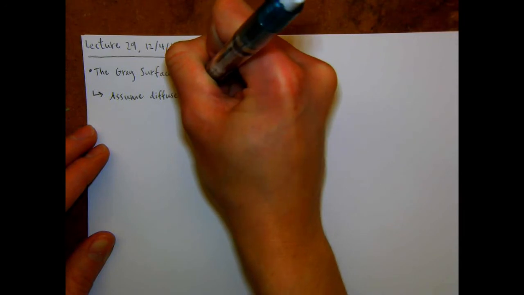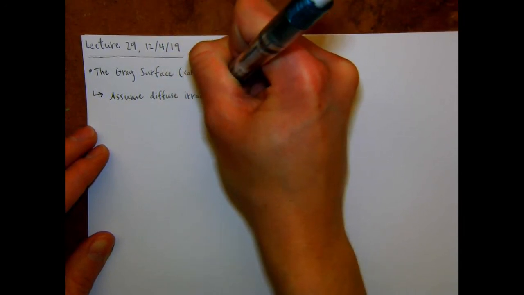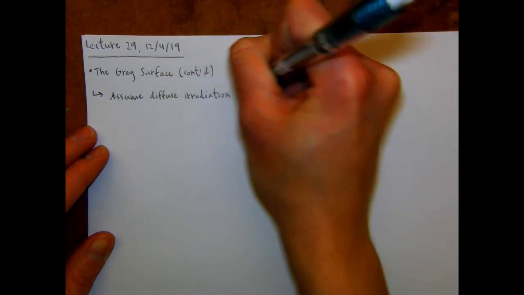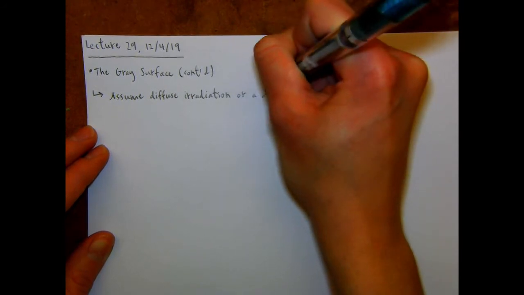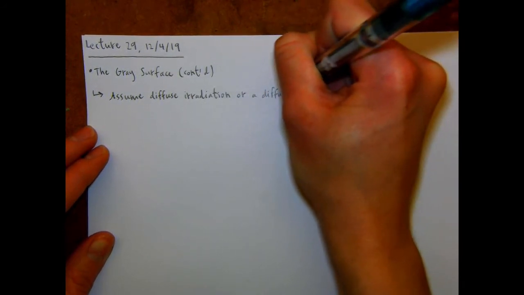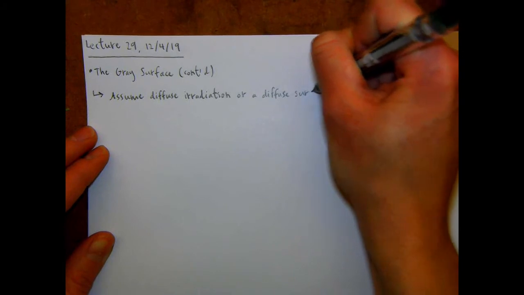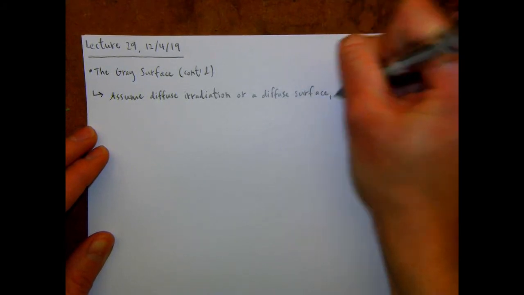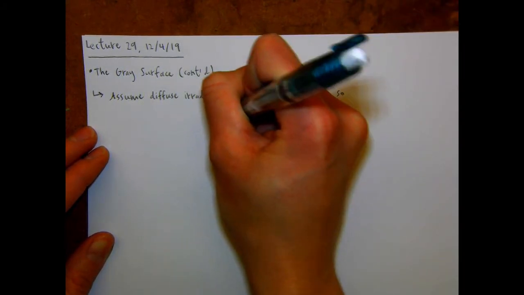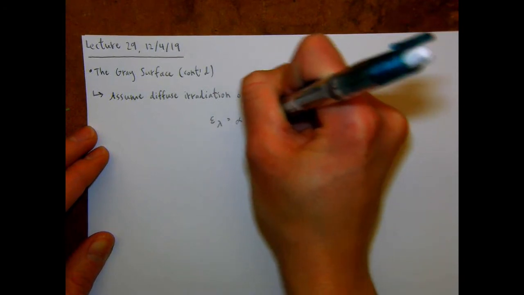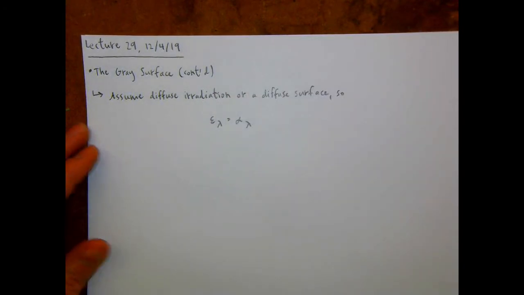Okay, so we're going to go ahead and assume diffuse irradiation or a diffuse surface, so the spectral emissivities and absorptivities are equal.